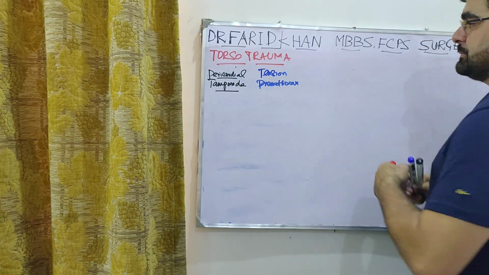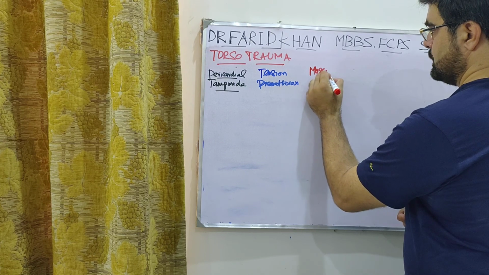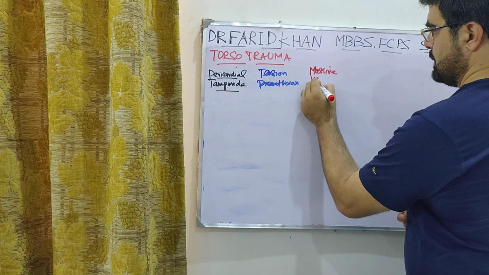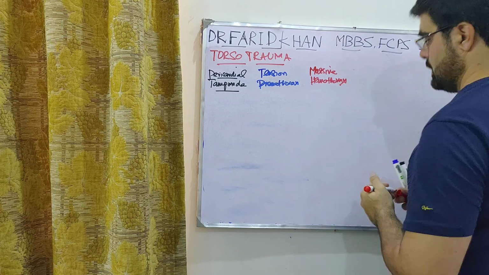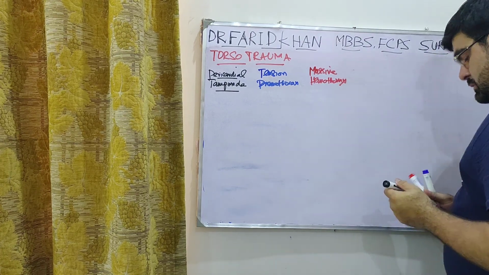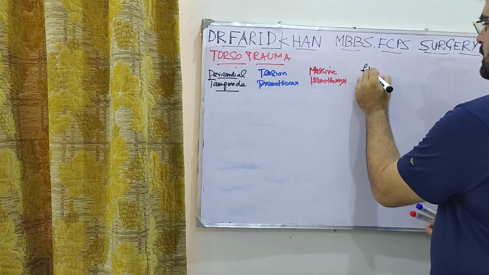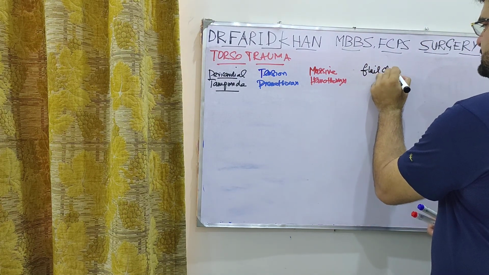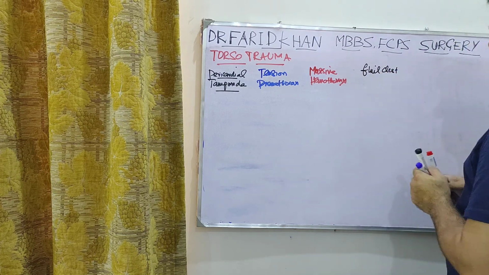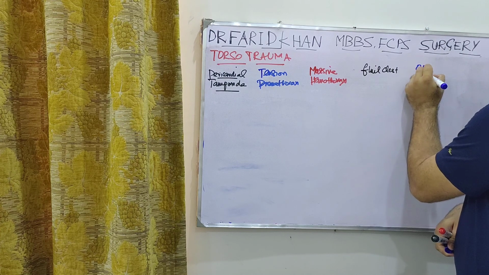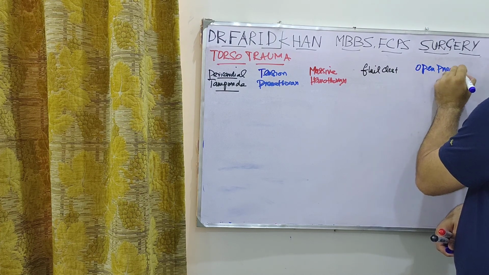The third one is massive hemothorax. The fourth one is flail chest, and then open pneumothorax.